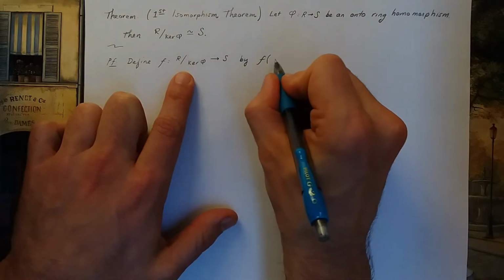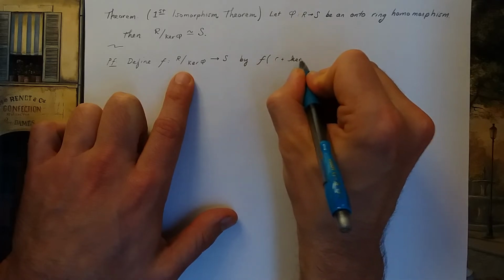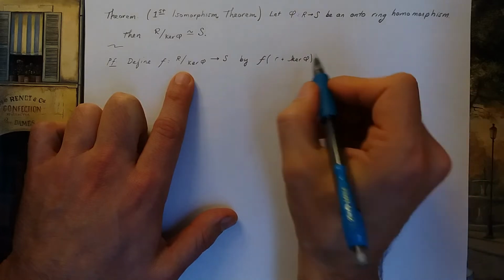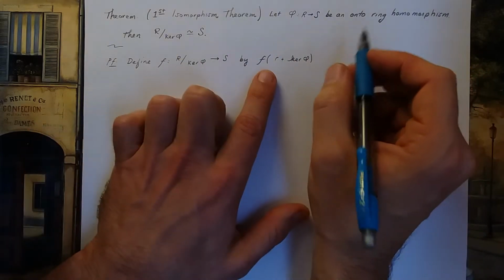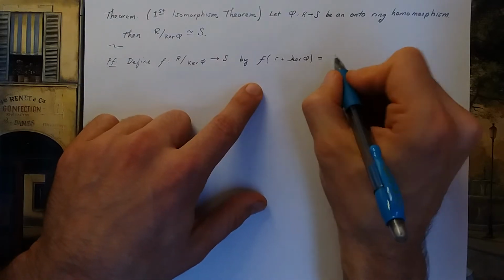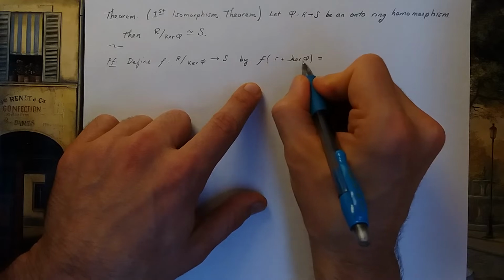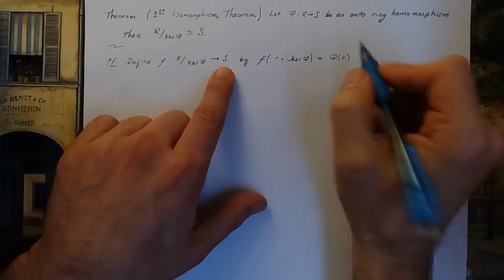Elements in this factor ring look like R plus the kernel. The kernel is an ideal, so this factor ring actually makes sense. I'm going to send this to an element in S by sending this term to phi of R, which lands me in S.